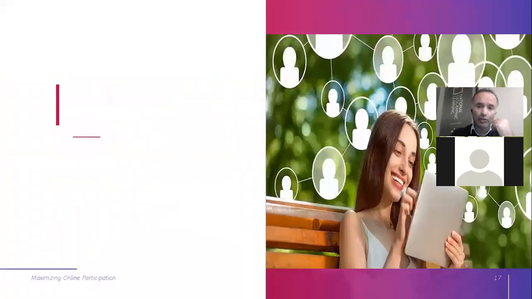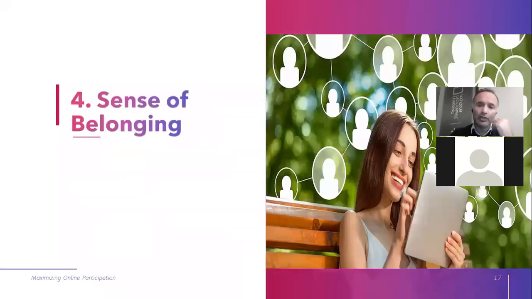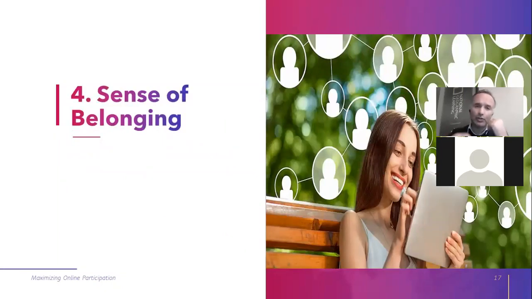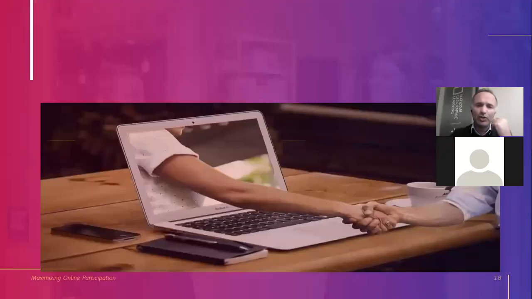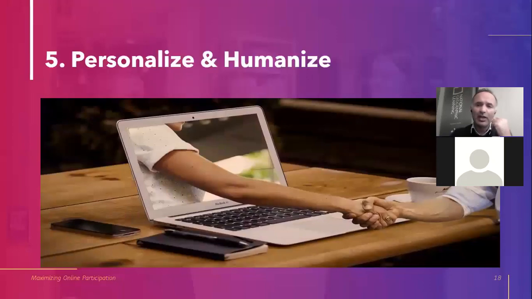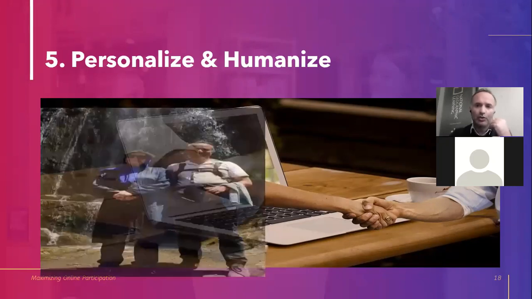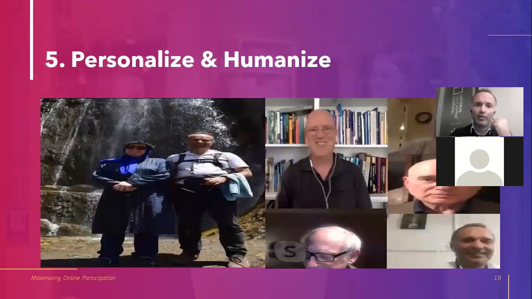You can create a Google Doc for that. Number 4 was to try to cultivate a sense of belonging and community, and depending on your students, you can use different methods. Next, I introduced trying to personalize and humanize your teaching as much as possible. Use your personal videos and photos.